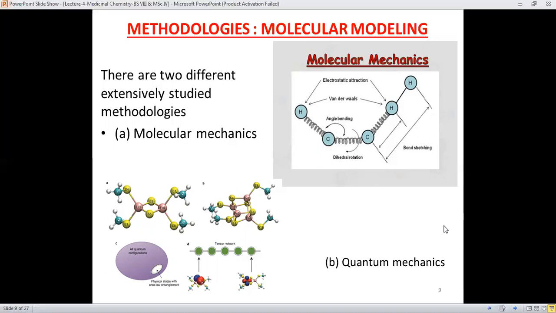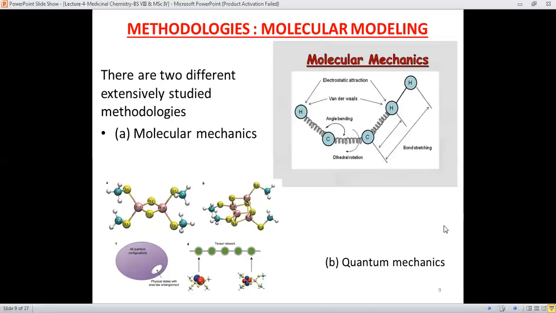In molecular mechanics, like here is shown the molecule, the carbons are connected to one another, and the hydrogens, just like a spring. It means that the covalent bond is behaving like a spring. And van der Waals forces are shown between the molecules which are not connected through a covalent bond. But always remember these van der Waals forces are acting through space.